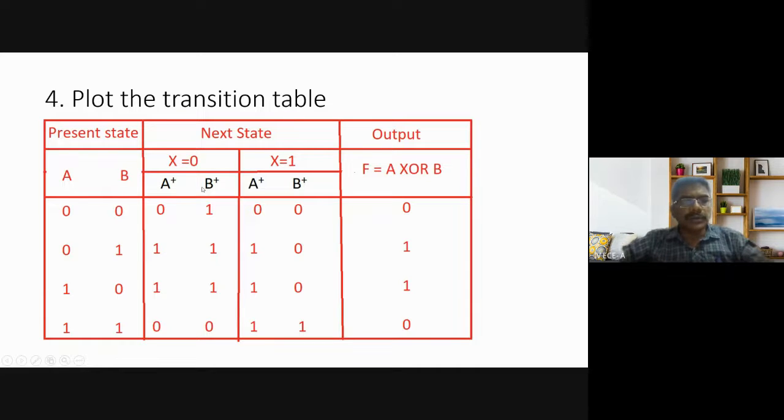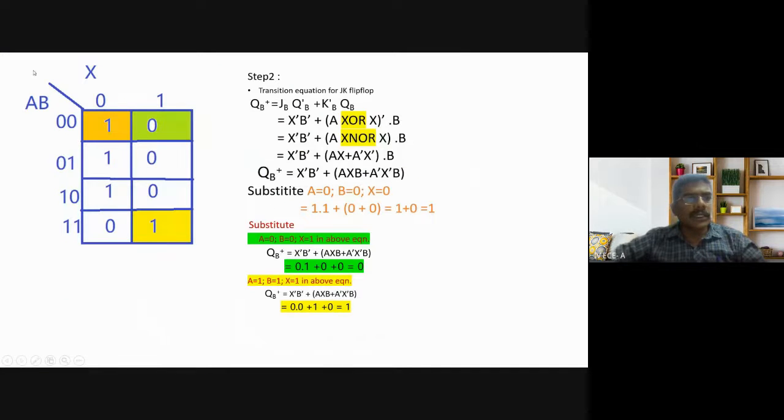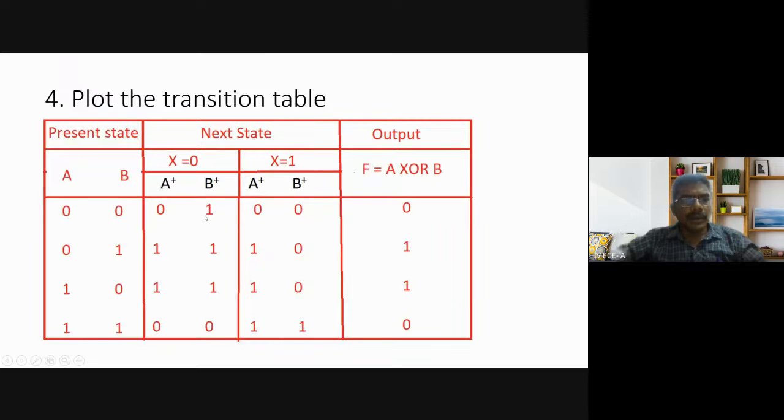So when x equal to 0, see the table, x equal to 0, this table for QB, 1110 is QB. So QB plus means B plus, so 1110.